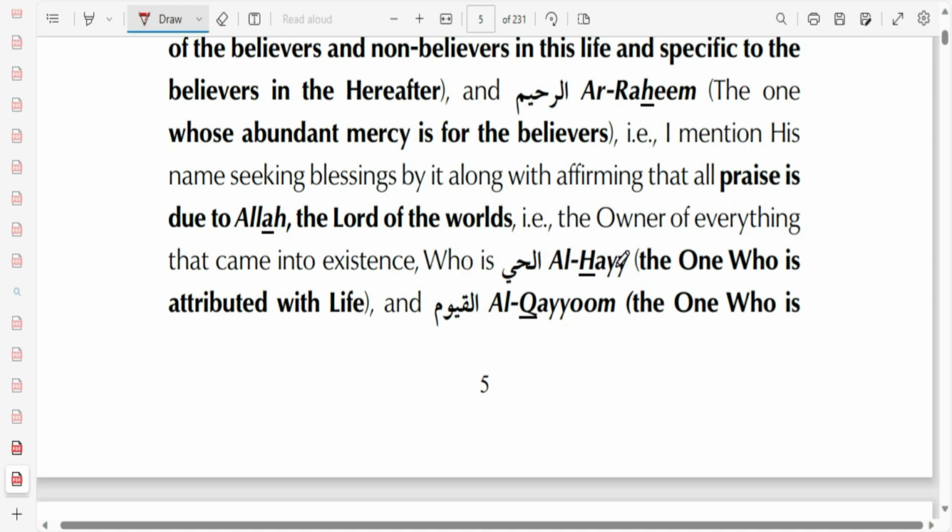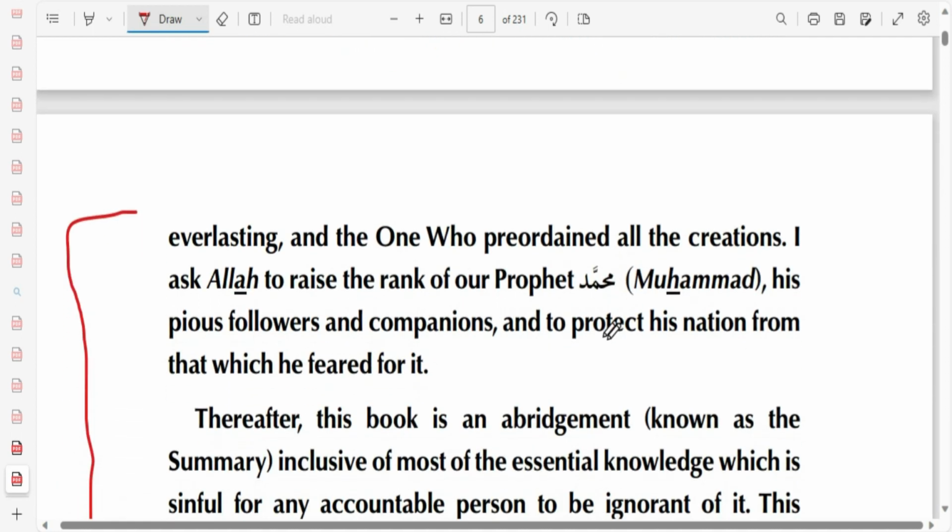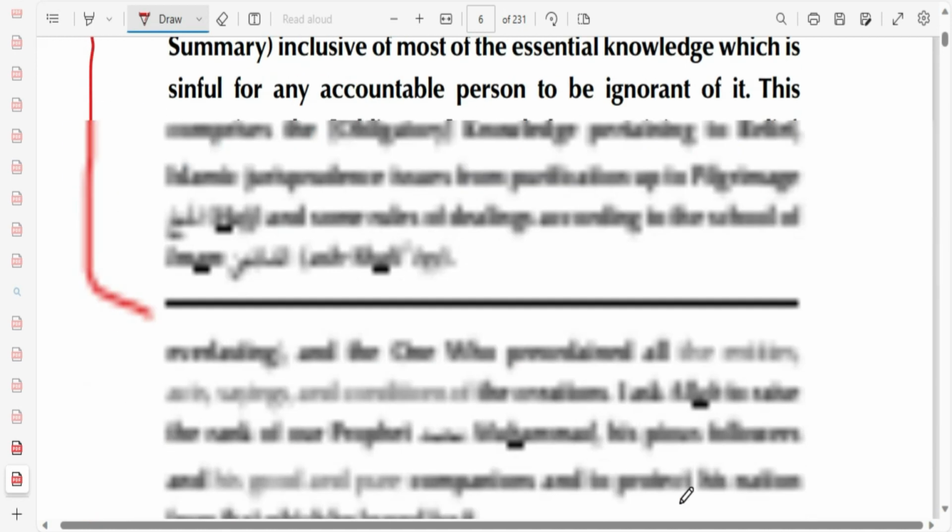Who is Al-Hayy, the one who is attributed with life, the living, the one who's alive. So Al-Hayy, that's an adjective. If you wanted one word, means the living or the alive. And Al-Qayyum, the one who is everlasting and the one who preordained all the creations.